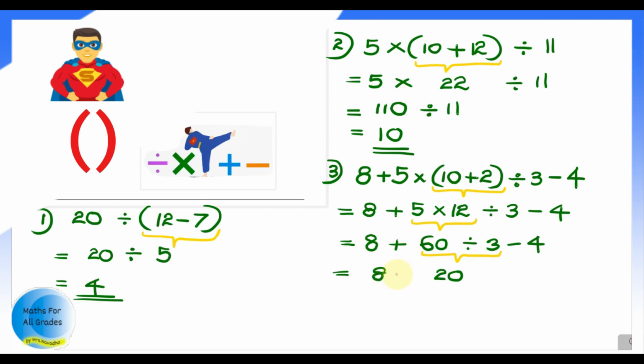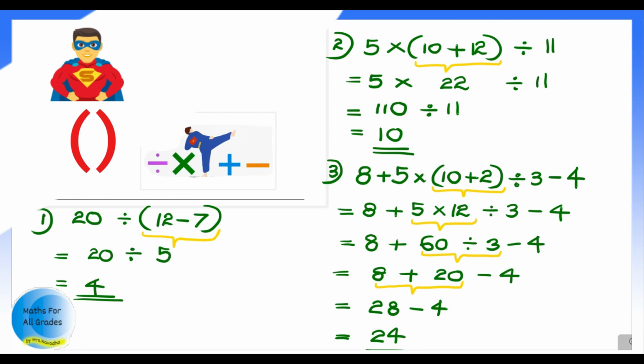Here you can write 8 plus 20 minus 4. Now all you got here is addition and subtraction. So the rule is start from left to right. Let's do this addition first. 8 plus 20 equals 28. 28 minus 4 equals 24. This is the final answer.